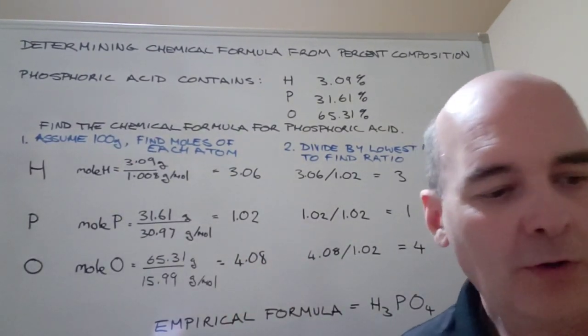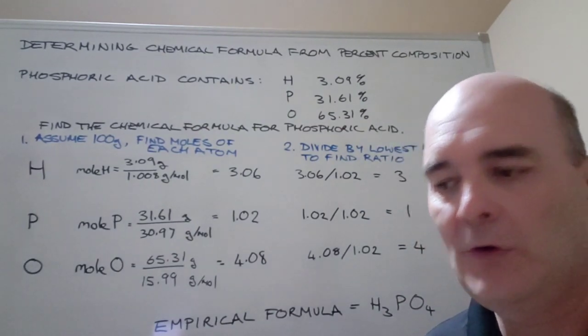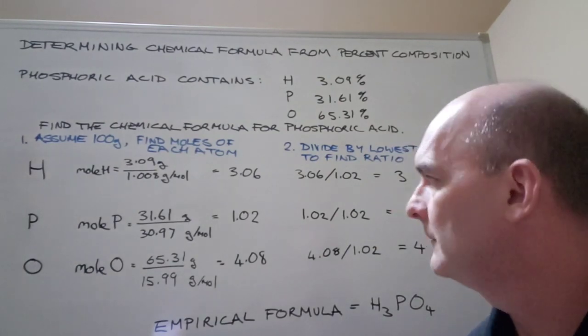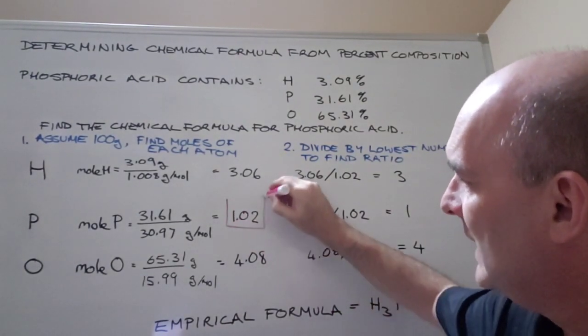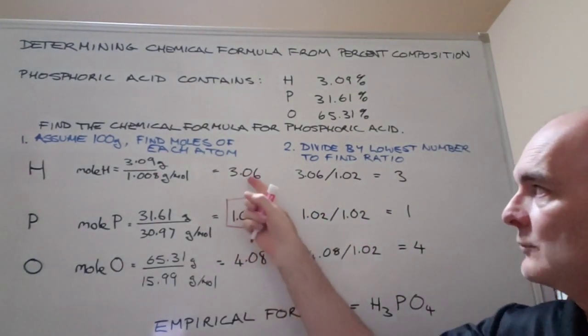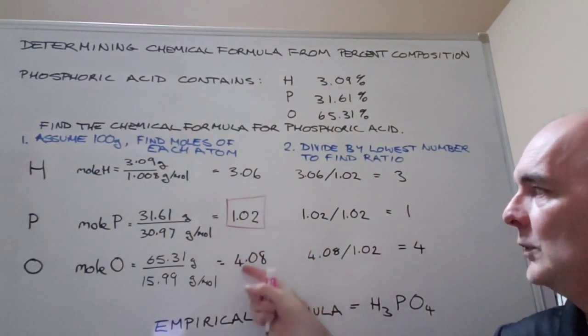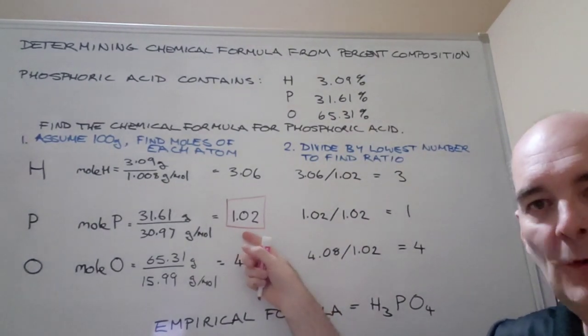So now I have three numbers. I have the mole values for each of the components in my chemical. What I'm going to do is take the smallest number. My three mole numbers were 3.06, 1.02, and 4.08. The number for phosphorus was the smallest.